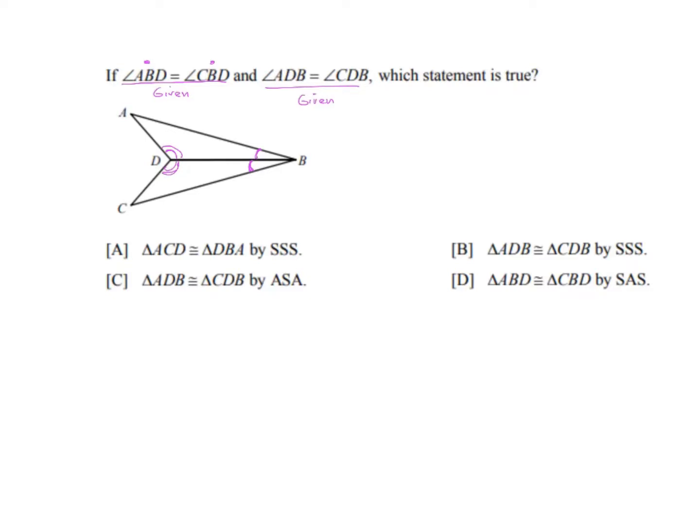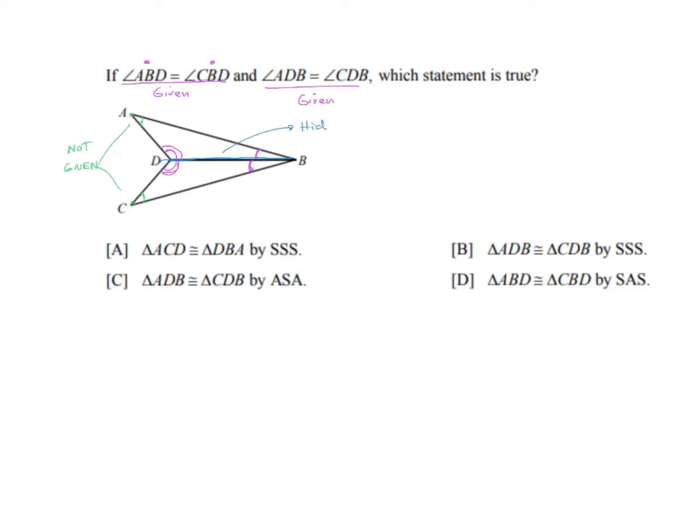Now, I saw some of you saying, well, angle A and angle C, this angle here and this angle here, they're the same. Yes, it looks the same, but it's not given, so you can't assume that those are congruent. You can only use what's given. And the other piece that's given here is this side that is shared between the two triangles, and we call that the hidden side.